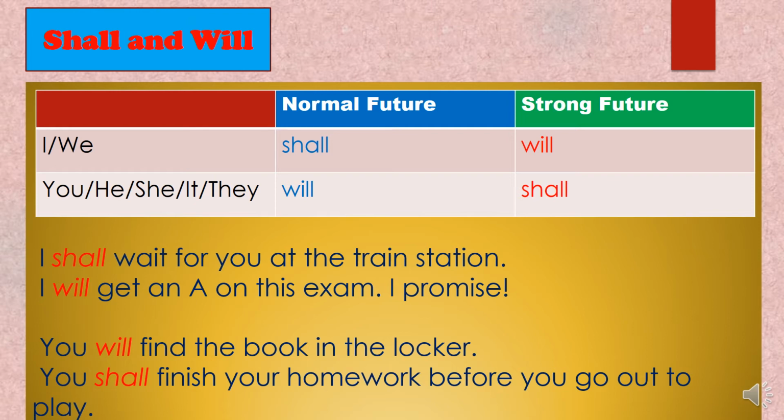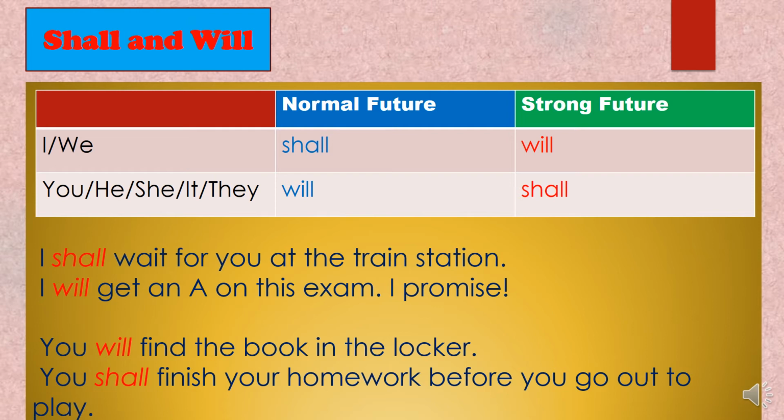In these we do the opposite of the first one. While we were using shall in the normal future, we will use will in the normal future with the second and third person. In first person we were using shall for the normal future and will for the strong future. We will do the exact opposite for the second and third person.